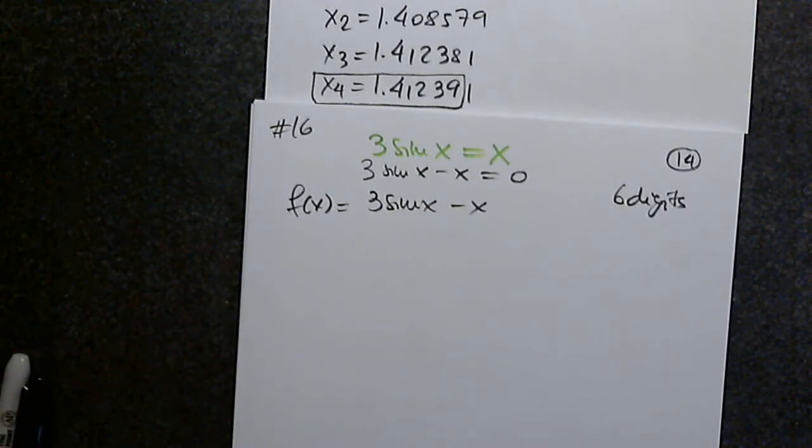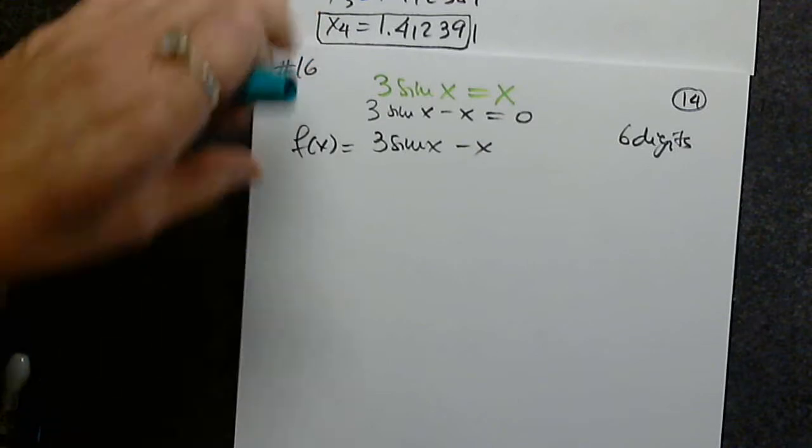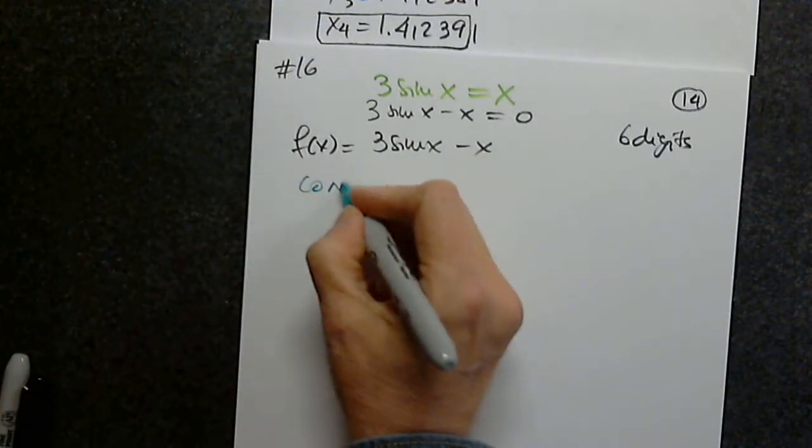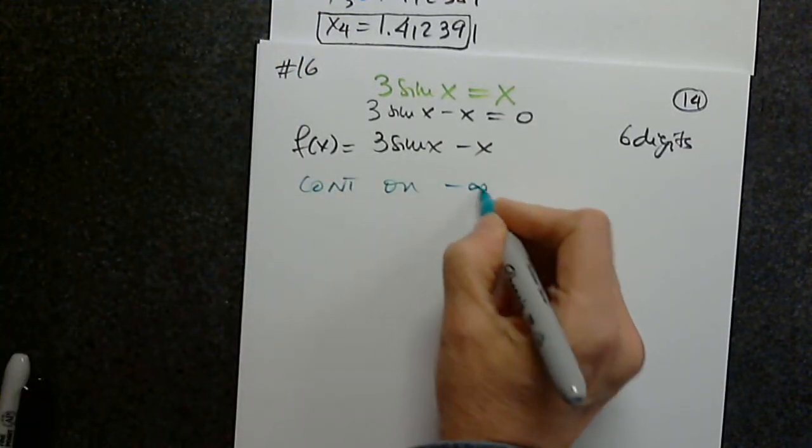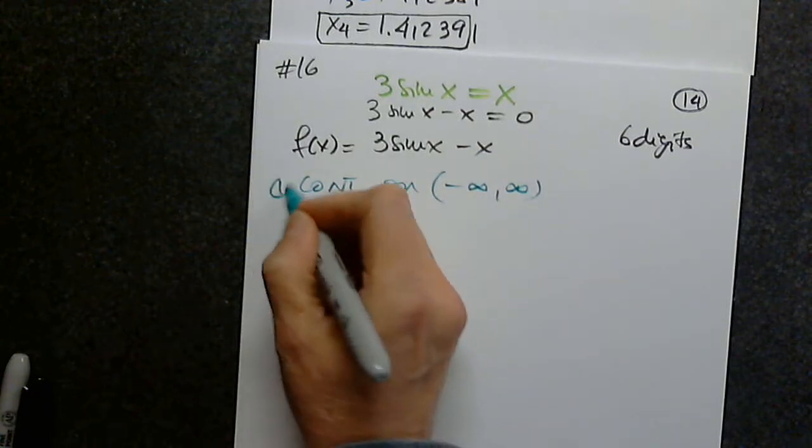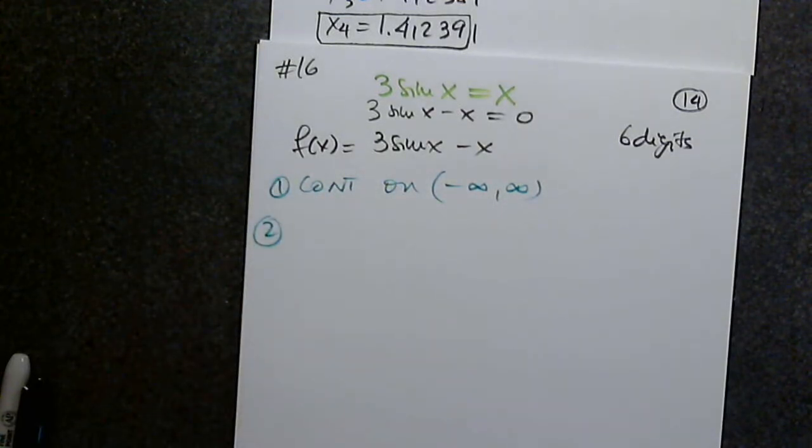Good. So is this function continuous everywhere? On negative infinity to infinity. Number 2, let's plug it in and find an interval. 3 sine x minus x.